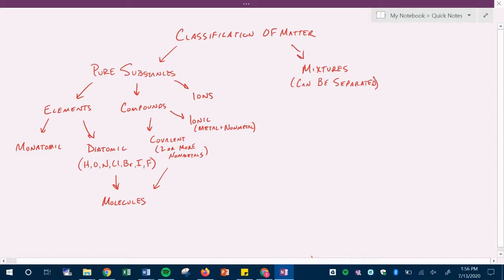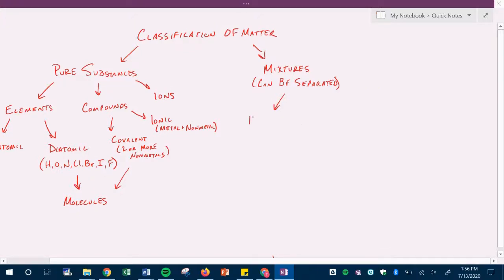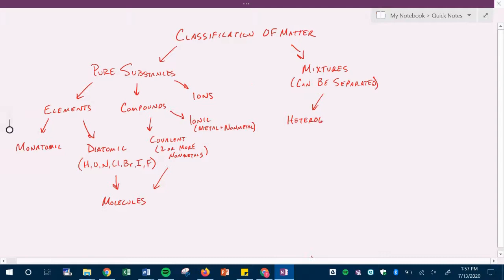It's just kind of thrown together. And so with our mixtures, we have two big types. We have our heterogeneous mixtures, and then we have our homogeneous mixtures.